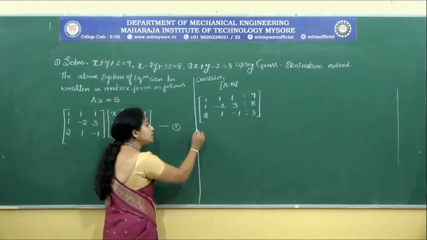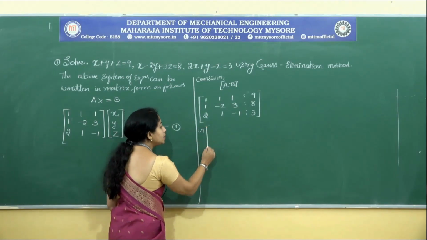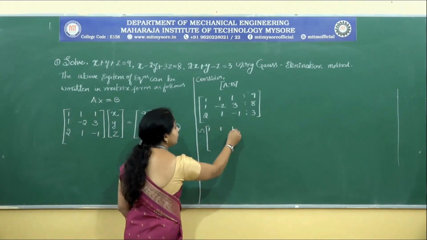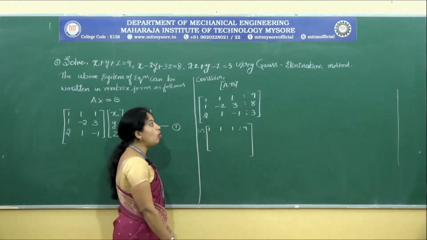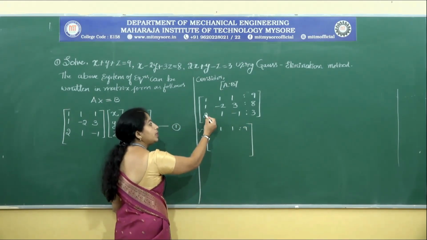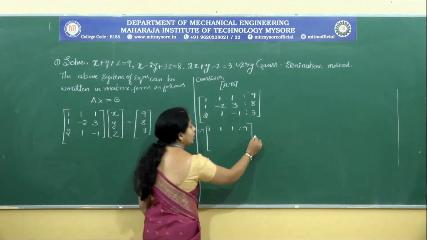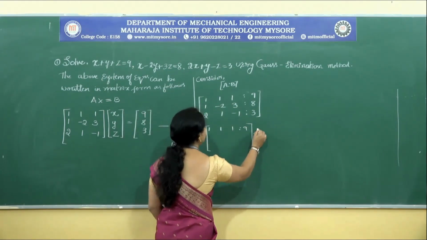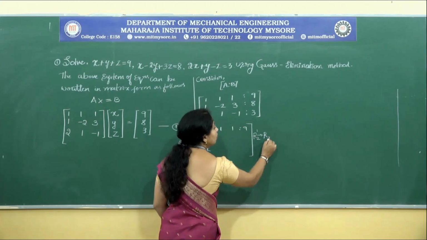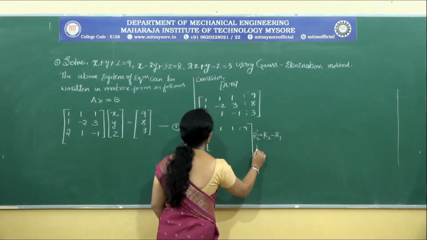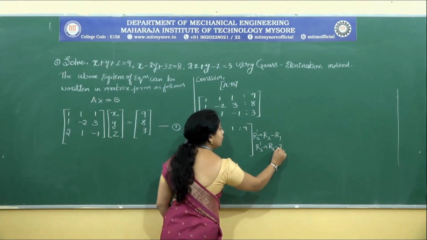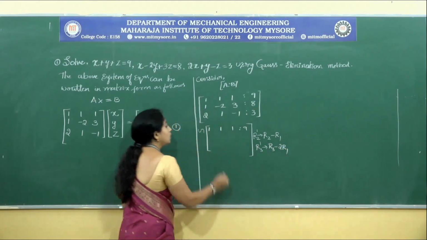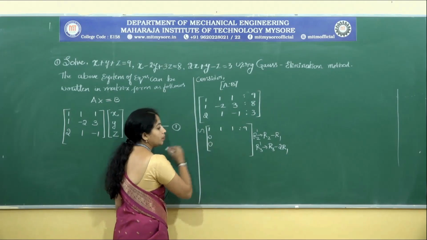Now this matrix is equivalent to, write the first row as it is, 1, 1, 1, 9. Now by using the row operation, we are supposed to make these two elements 0. The operations are R2 dash equals R2 minus R1, R3 dash equals R3 minus 2 times R1. Now these two elements will be zeros.